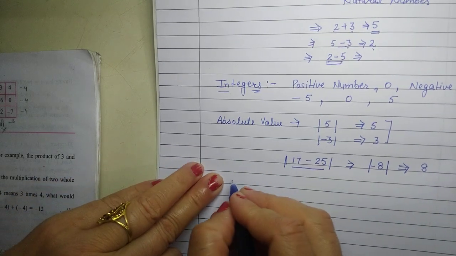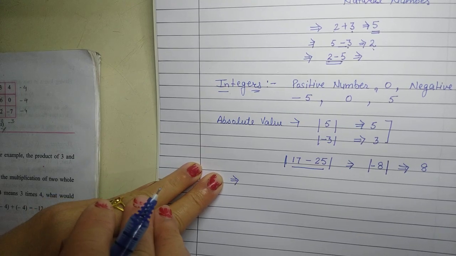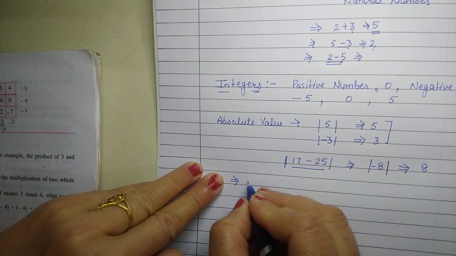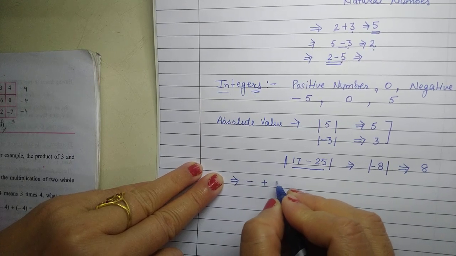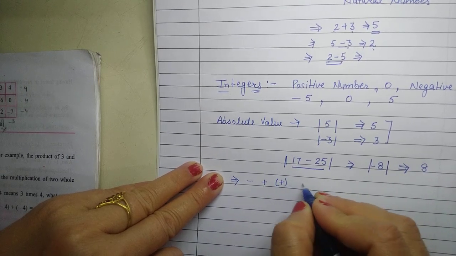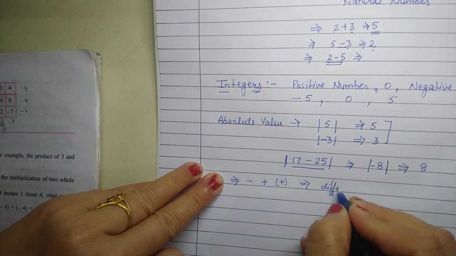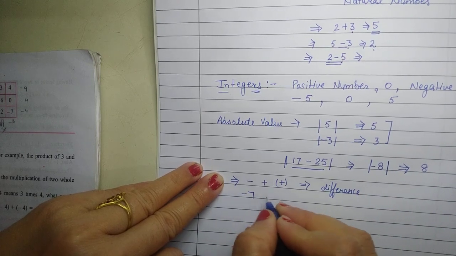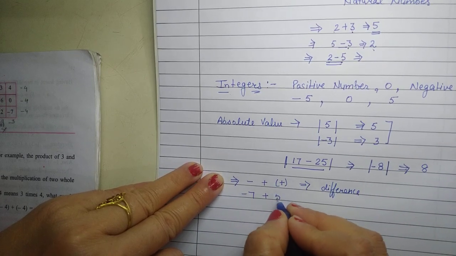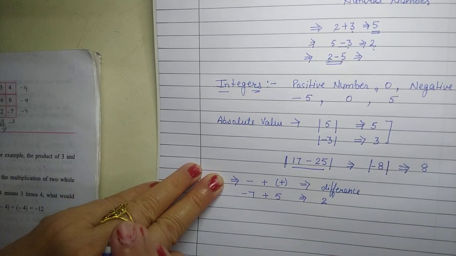Now here we will discuss the operation of signs. If two opposite signed numbers are added together, we always take their difference. For example, -7 plus 5, then we always take their difference, that is 2 only.